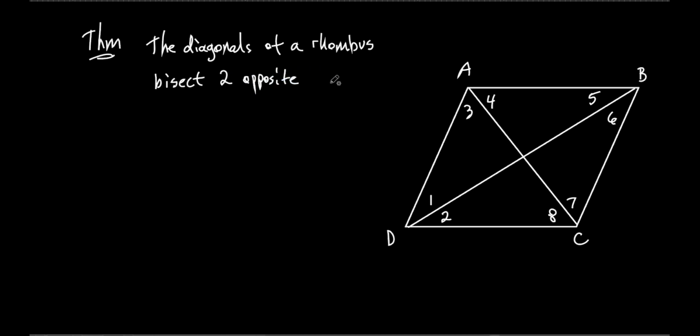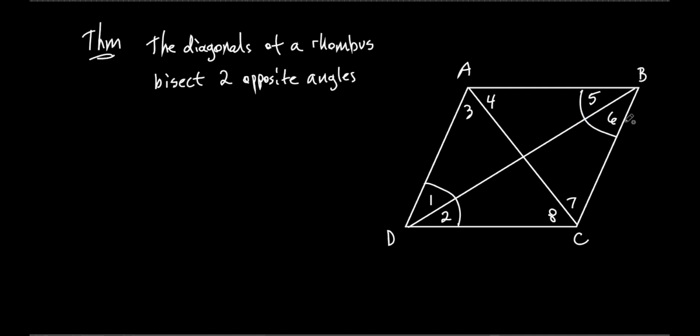So the opposite angles are being bisected is basically what it's saying. It's a little shorter way to say that. Okay? Everybody see that? The opposite angles are being bisected by those diagonals. So look, this angle right here is being bisected, and so is this angle.